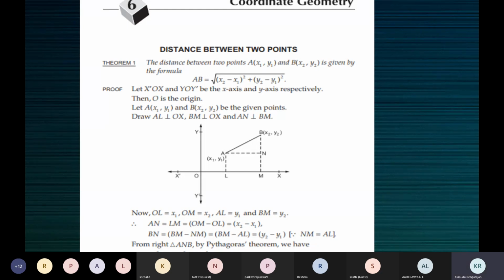So when you know the coordinates of the point X and of the point Y, you can connect these 2 points by a straight line. XY is a line segment. It has a definite length. X is a point, Y is a different point.